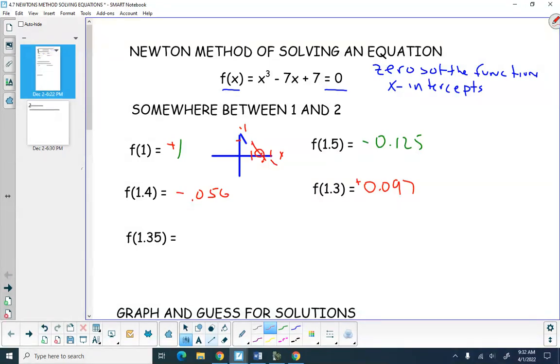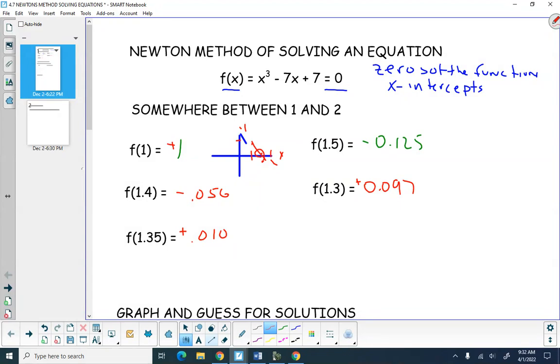So somewhere between 1.3 and 1.4, we have to cross the x-axis. Let's try 1.35, halfway in between. What's our function value at 1.35? Positive 0.1010.